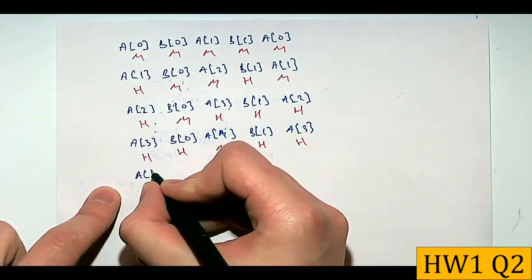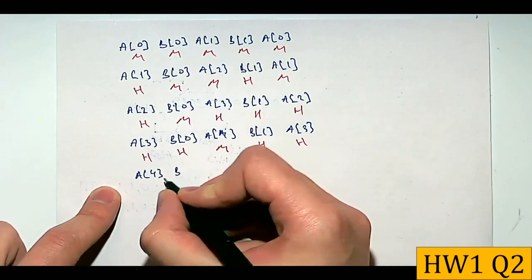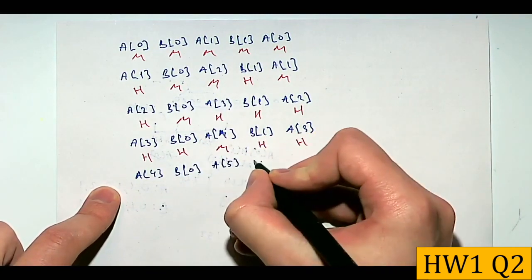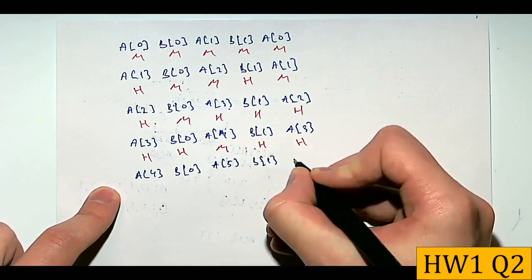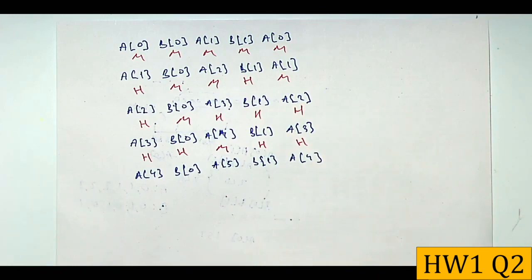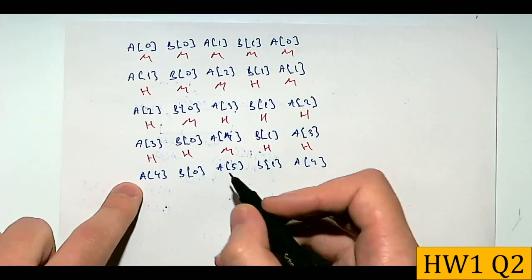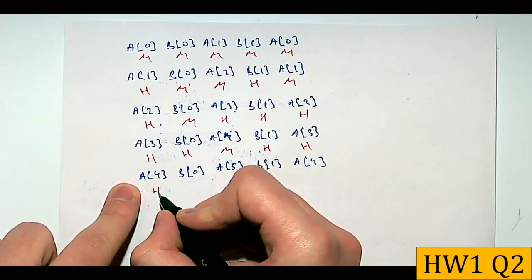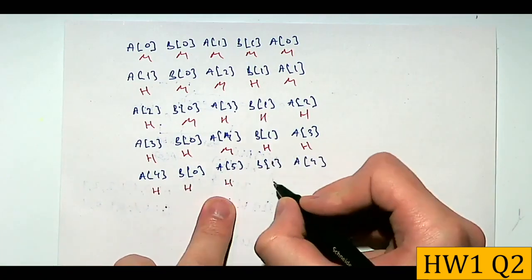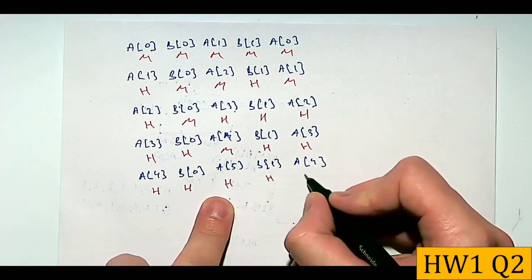So let me execute one more iteration. Here we will access A4, B0, A5, B1, and A4. We already have A4 in the cache, so this will be a hit, this will be a hit, this will be a hit because A5 came with A4, this will be a hit, and this is also a hit.